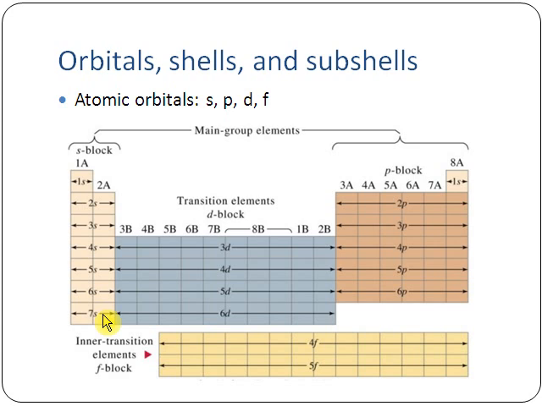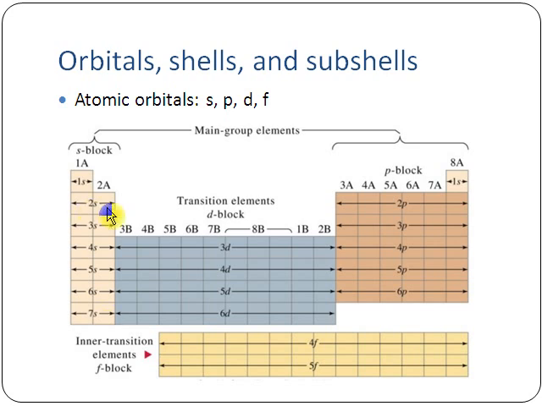Each suborbital always fits 2 electrons. The reason why is that electrons can have 2 types of spin, either spin up or spin down, and you can't put 2 electrons that have the same direction of spin in the same suborbital. You could put an up and a down, and that's all you could do, because if you try to put another down, there'd be 2 downs. You can't do that. Try to put another up, there'd be 2 ups. You can't do that.